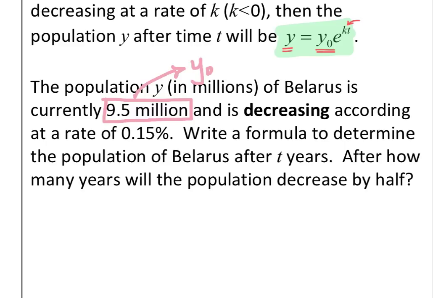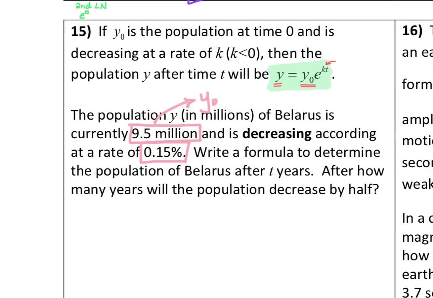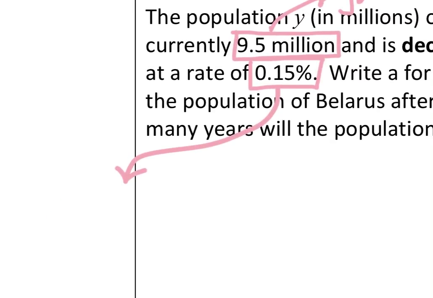And then the population rate decrease is 0.15%, but remember that the decay is when you have a negative exponent, and so that rate is going to be negative 0.15%. You're going to change the negative 0.15%, that's r, to a decimal, so it's going to be negative 0.0015.